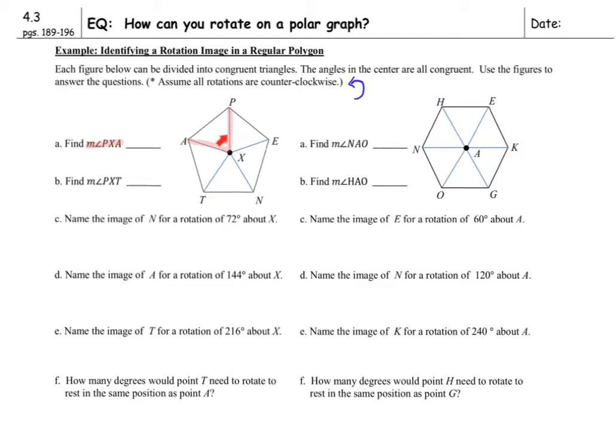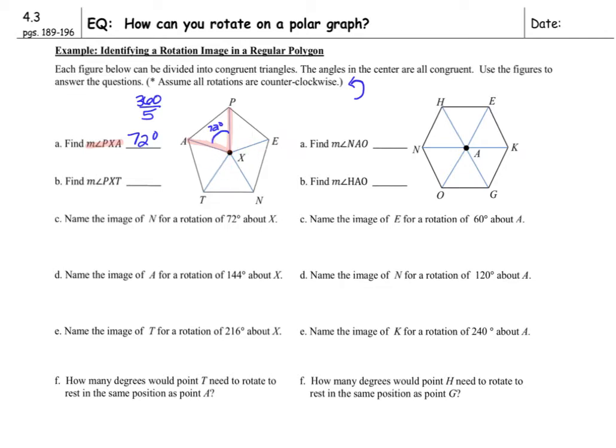So if the center is 360 and the pentagon is broken into 1, 2, 3, 4, 5 triangles, all I have to do is 360 divided by 5 to figure out what one of the triangles is. So 360 divided by 5 is 72 degrees. So I know that this angle is 72 degrees, and so are all of the other angles represented by the triangles.